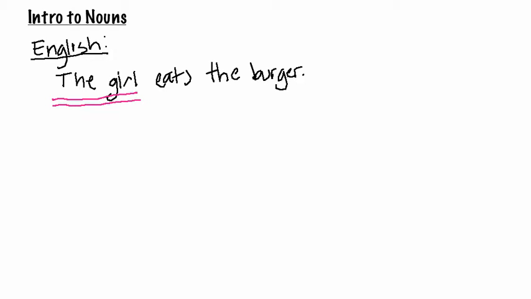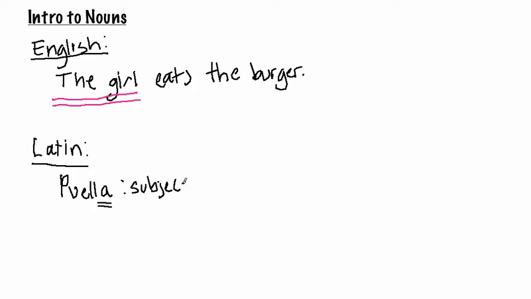Now in Latin, it's a little bit different because the Latin language changes the endings of nouns based on how that noun is used in the sentence. So I'll give you an example of how it works in Latin now. In Latin, puella means girl, but you can tell by the ending that it will definitely have to be the subject.